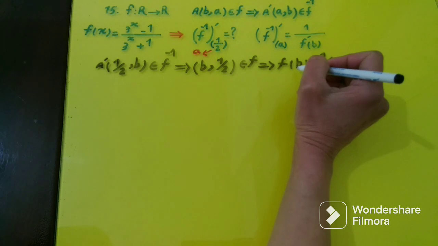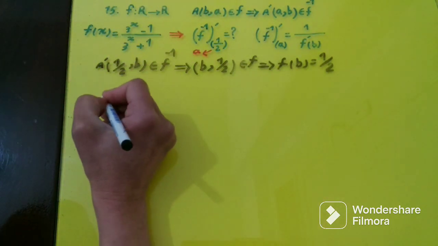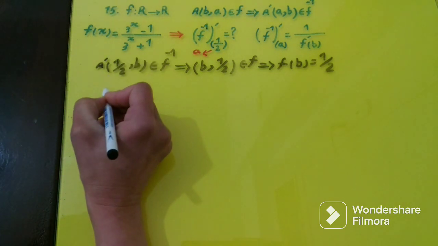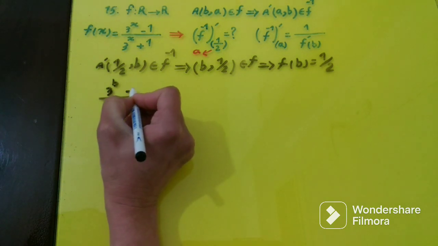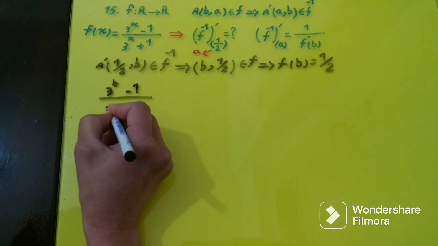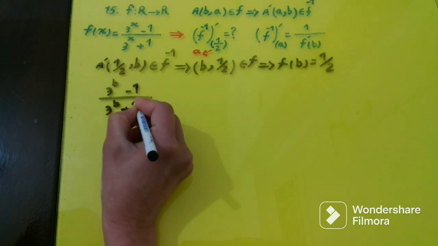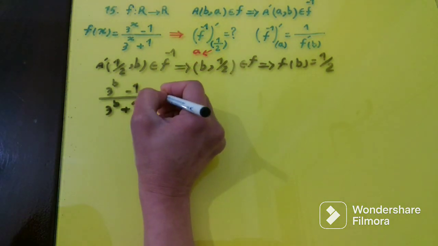Now replace b instead of x in this function. 3 to the b minus 1 over 3 to the b plus 1 is equal to 1/2.